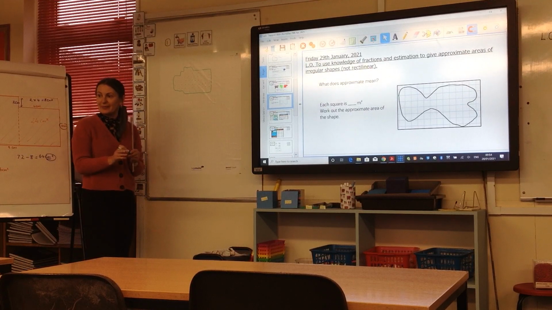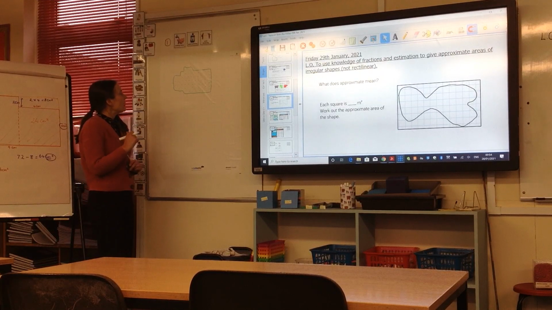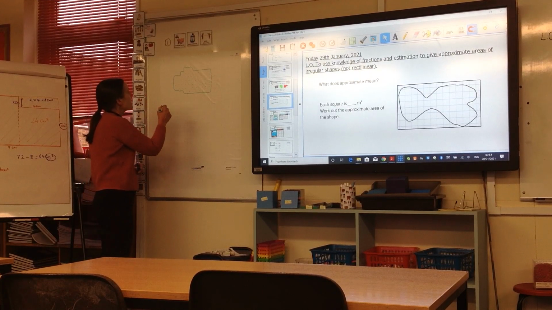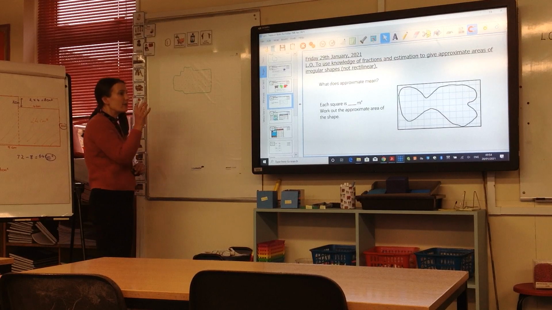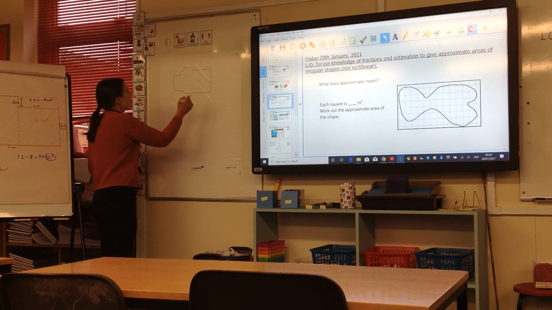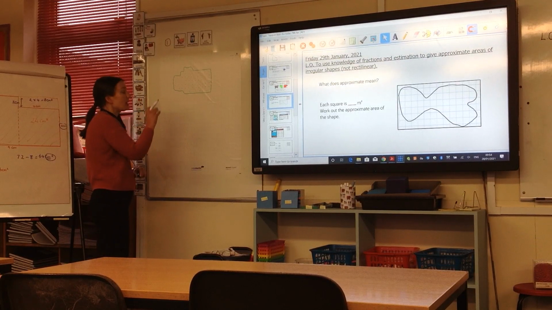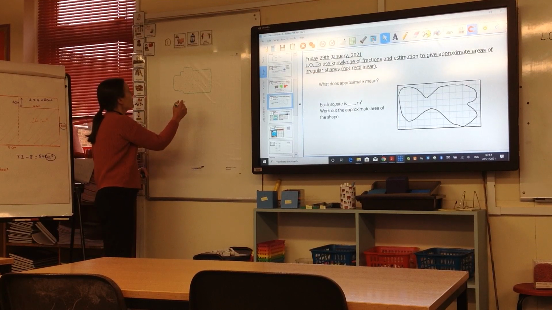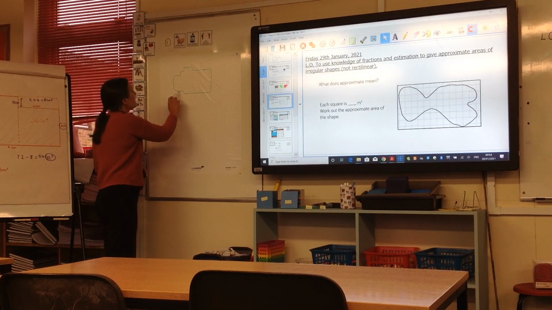Would you like to do that? While she's doing that, we're going to be looking at these part squares. Maybe if we've got 2 halves, they can make 1 whole. We've got some parts that are only little parts as well. For example, this little part would maybe match with that one, which will make another whole.